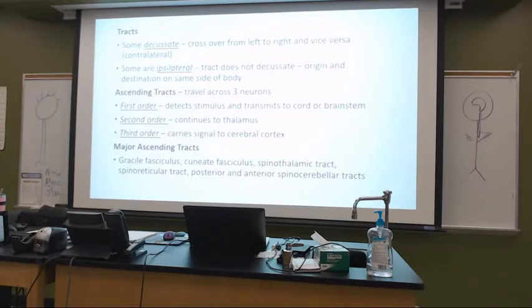Their names, which I've listed right here, I've got the ones for the ascending and descending. Their names simply let you know where the information starts and where it ends.